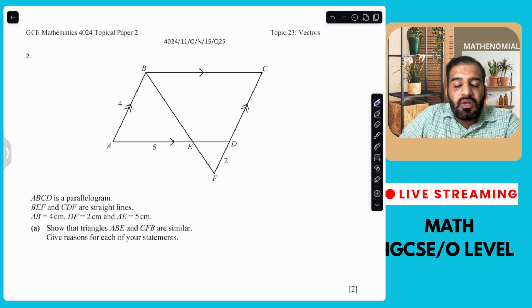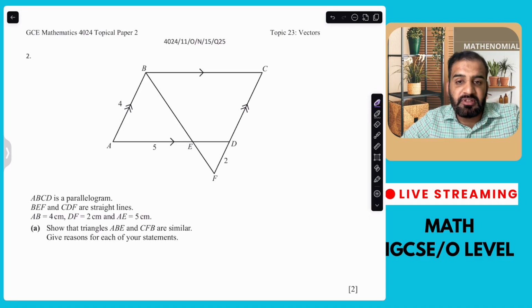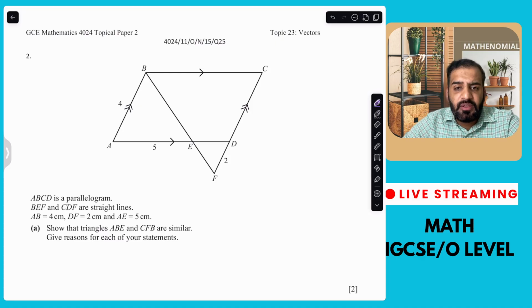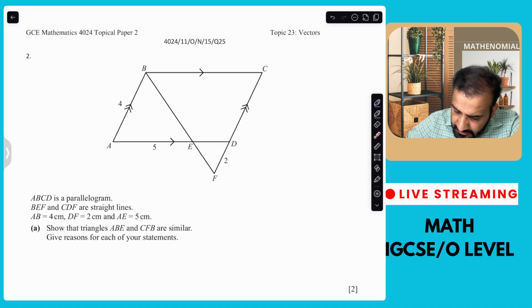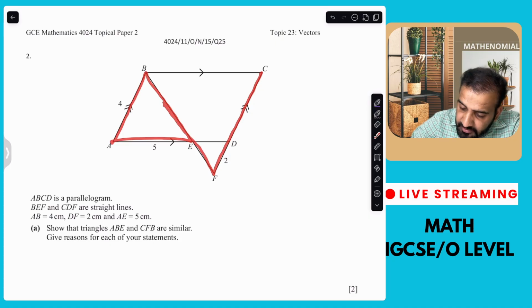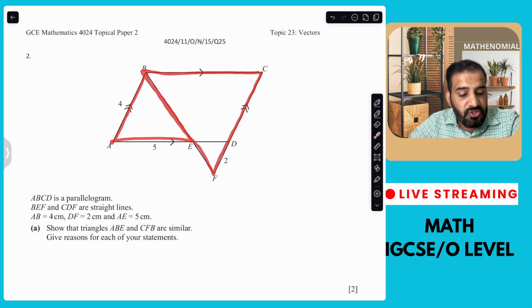Students, how do you show two triangles are similar? You know there is the AA similarity test, and SAS. If you want to show ABE, where is ABE? This triangle is ABE and this triangle is CFB. They are saying show that these two triangles are similar.